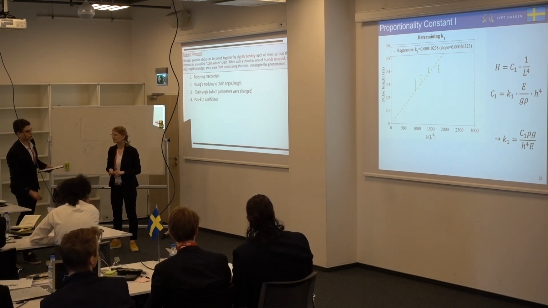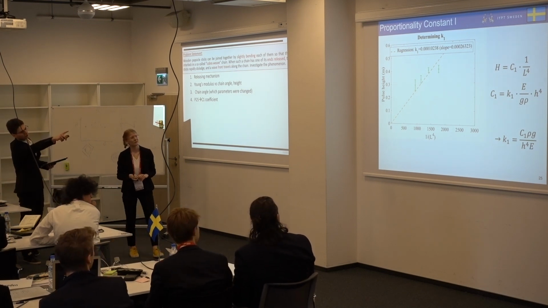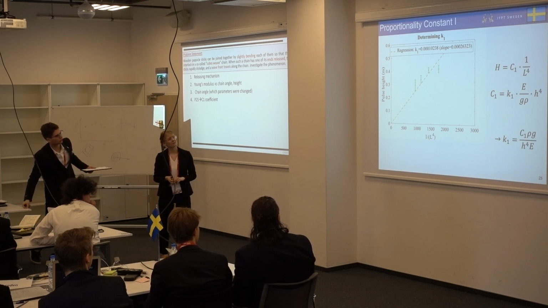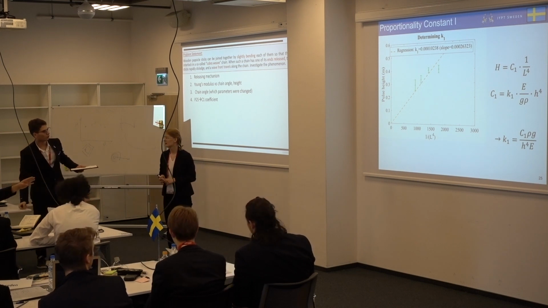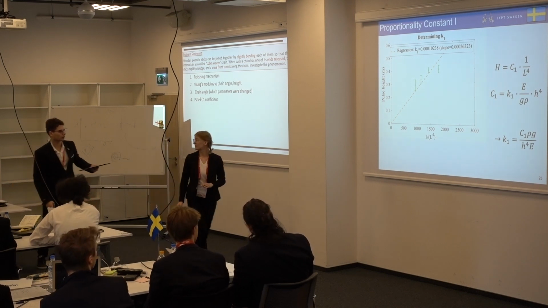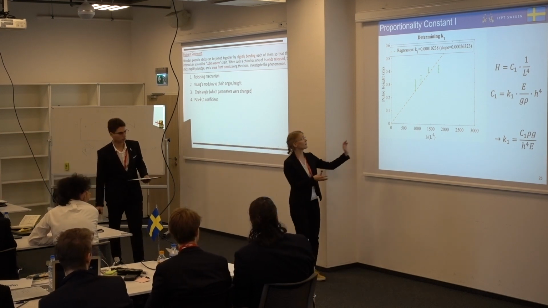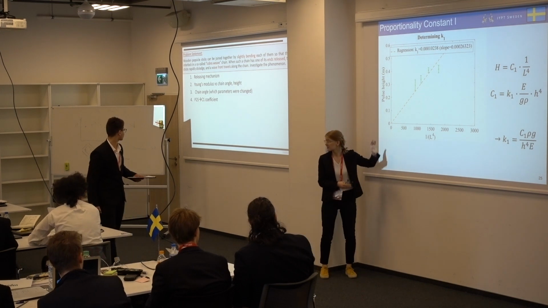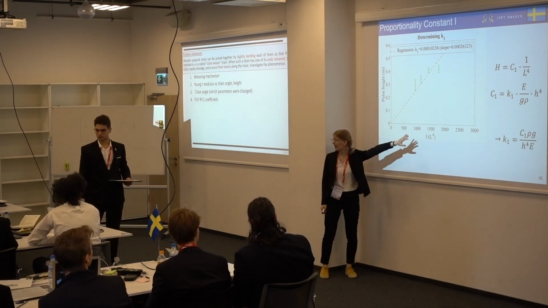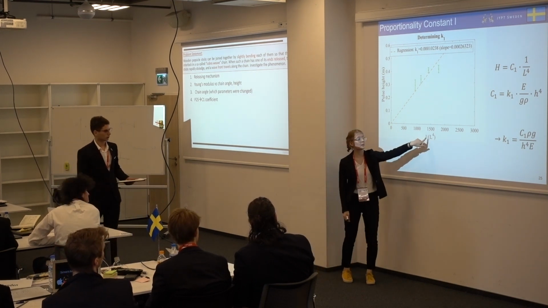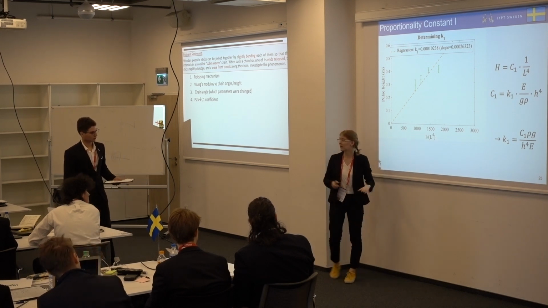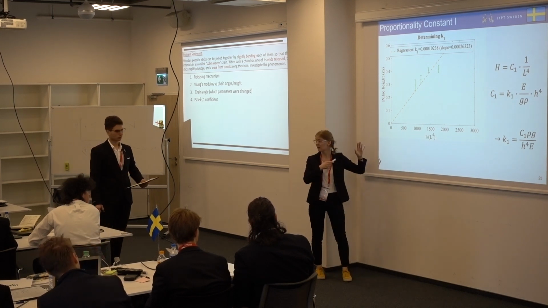So slide number 25. The C1 coefficient right there and the K1 coefficient. Can you define them again, and what was the physical idea of C1 and K1? Yes, I can definitely do that. What you see here is the pulse height against 1 divided by the length to the power 4, so you look at how the system should scale.